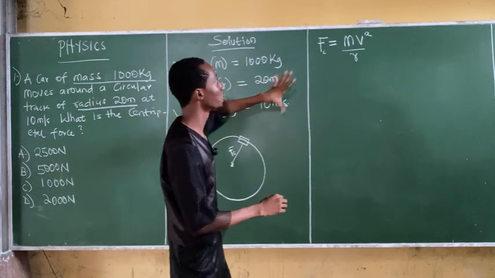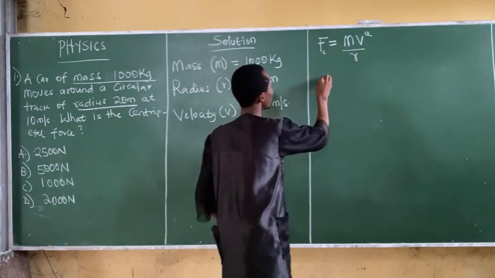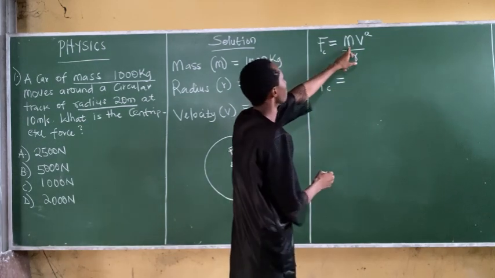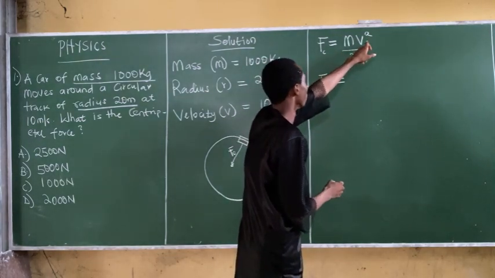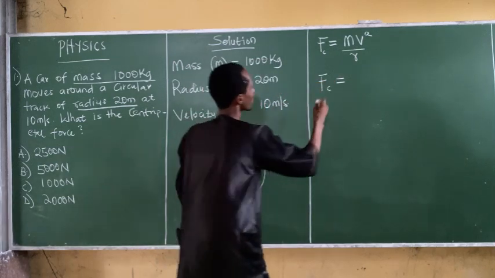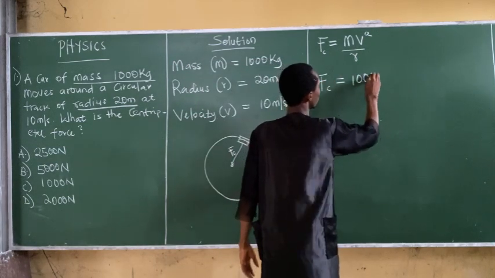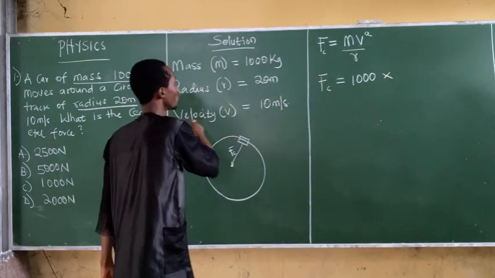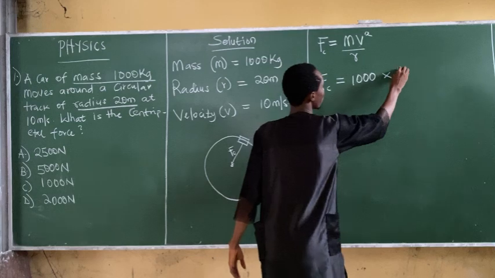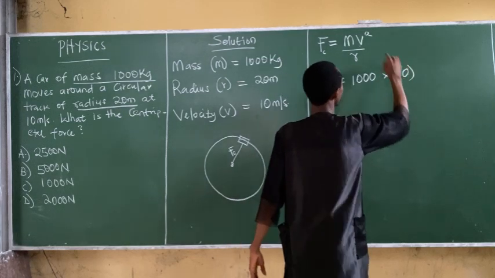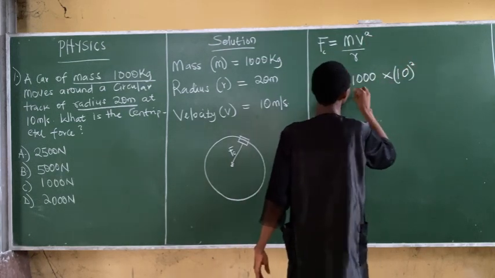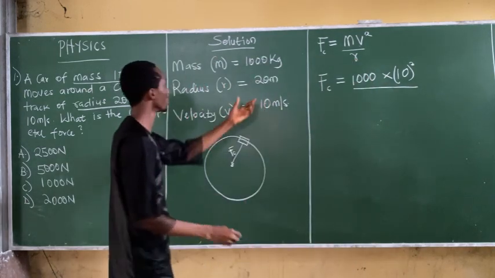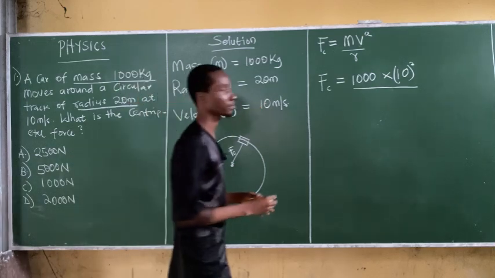If we substitute these values into this equation, the centripetal force is equal to mass times the square of velocity divided by the radius. Our mass is 1000 kg, times the velocity, 10 meters per second, squared, divided by the radius, 20 meters.